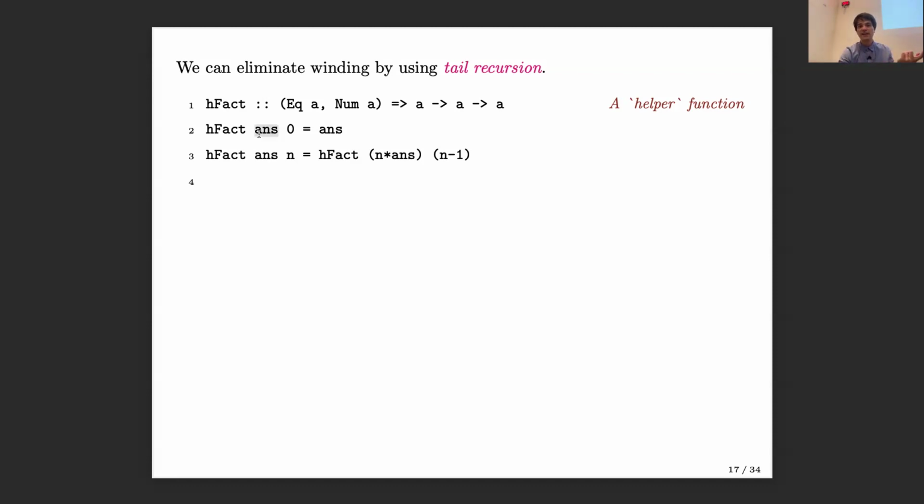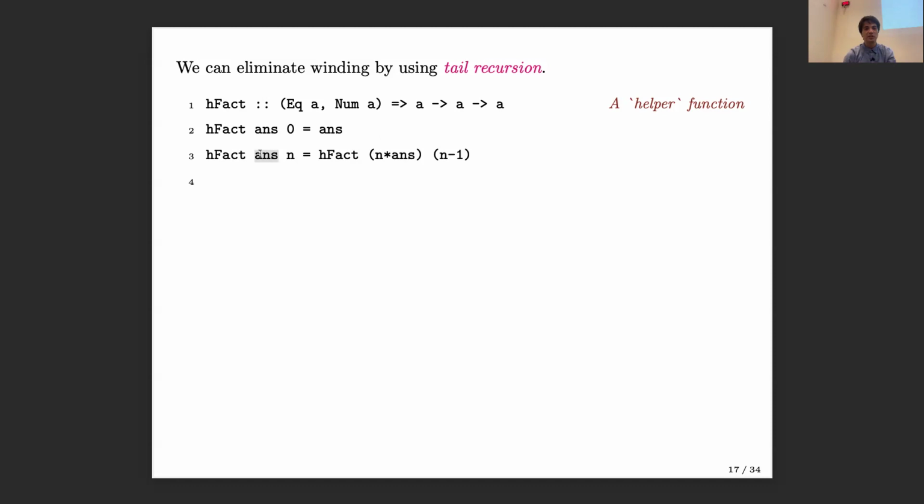I'm saying, okay, factorial, I'm going to give you an extra input. This extra input is going to hold the answer. That's where I'm just going to compute the answer. I'm just going to keep dumping it into the first input here. And when you reach the bottom of your recursion, just return this answer, the thing that we've been computing. Okay, so there's my base case for factorial. And now how do I update this answer?